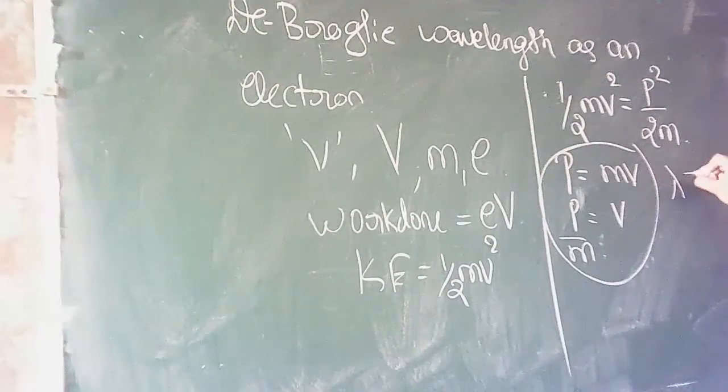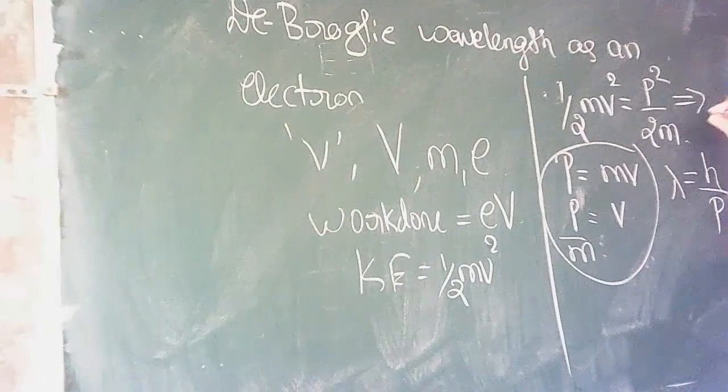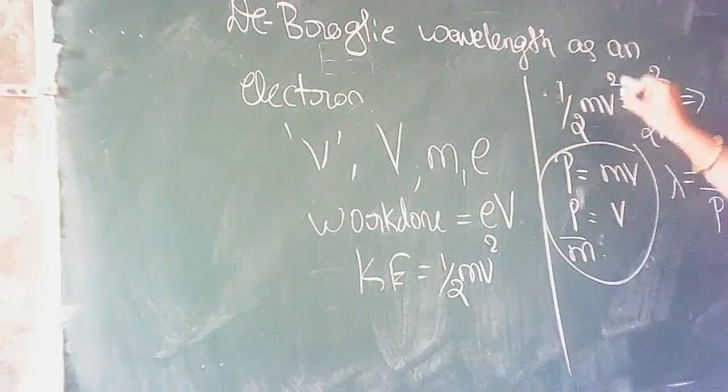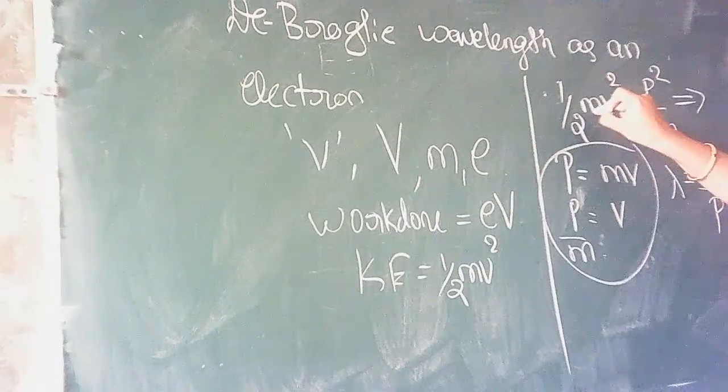According to the de Broglie equation, we have lambda is equal to h divided by p. Now this entire term is nothing but kinetic energy.